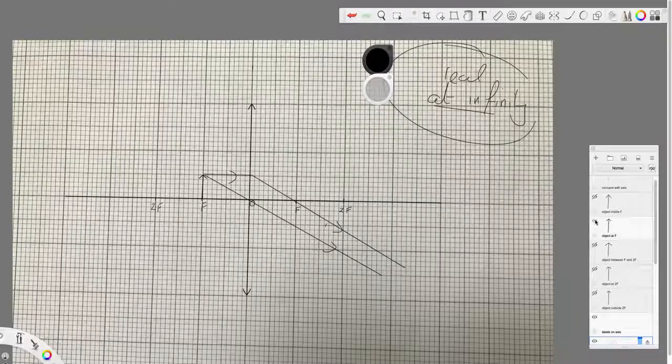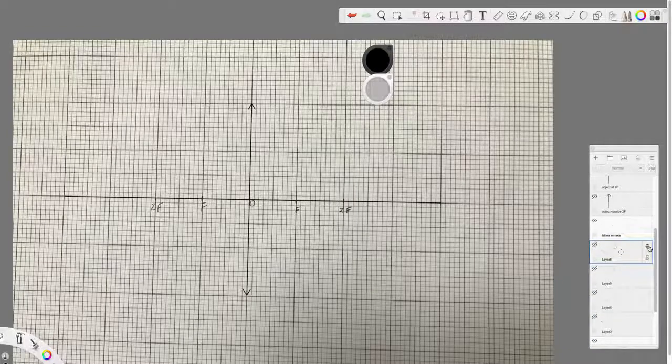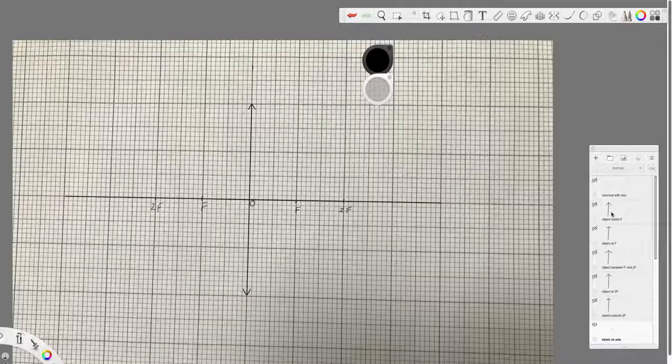Our final image then, our final one, is the object inside F. So again, let's do our special rays and see where that takes us.